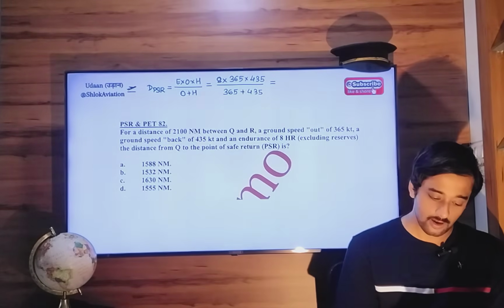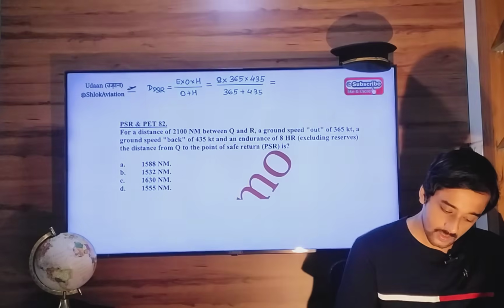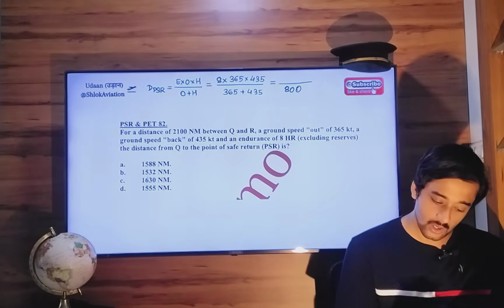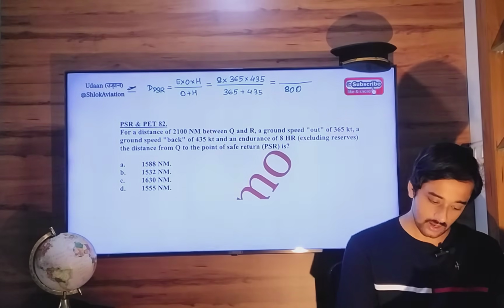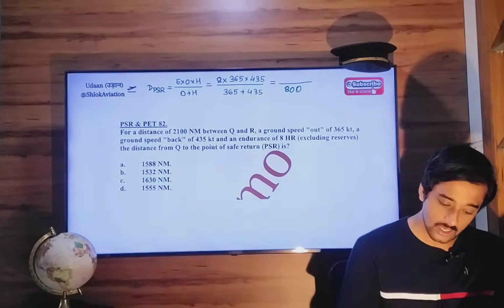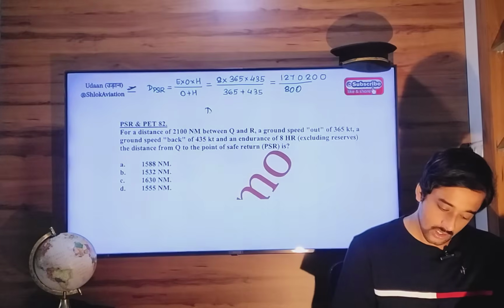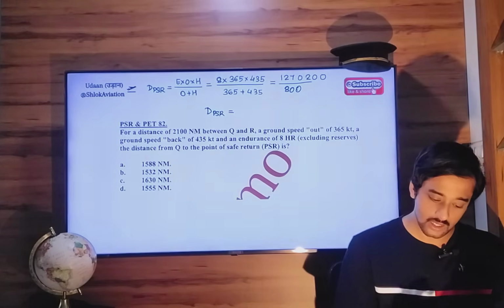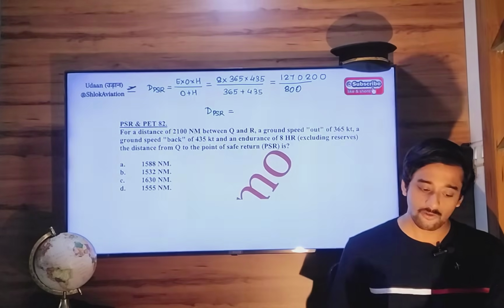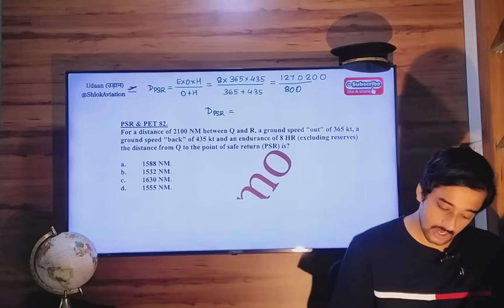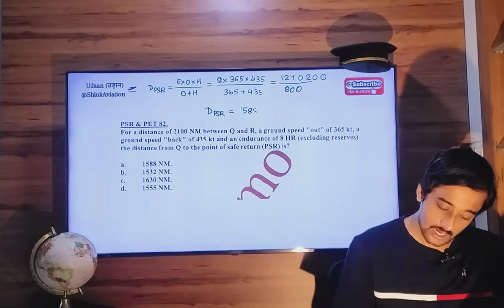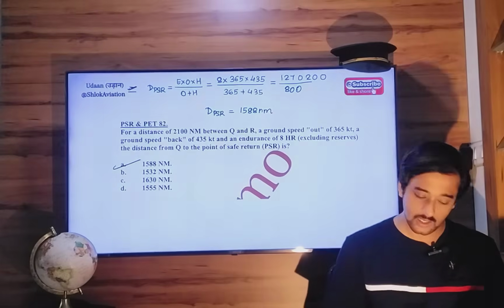The numerator 8 into 365 into 435 is 1270200. So distance to point of safe return will be 1587.75. So that is 1588 nautical miles. Option alpha.